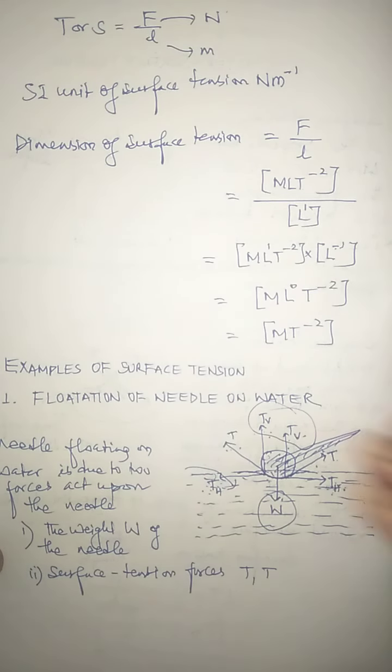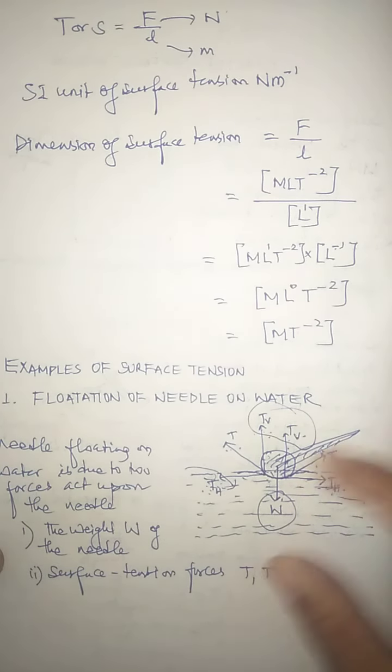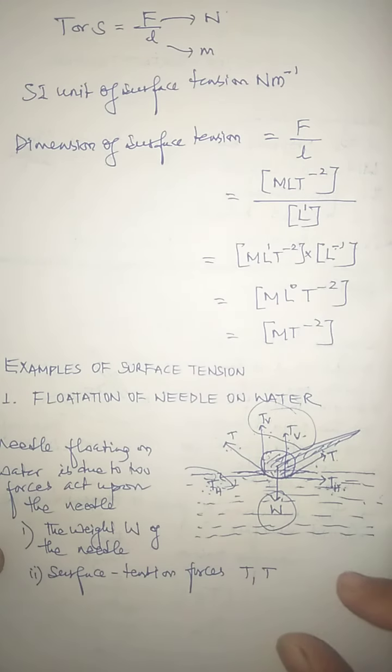But if some kerosene oil is sprayed on the water, then the surface tension of that water decreases. So the addition of impurity decreases the surface tension.